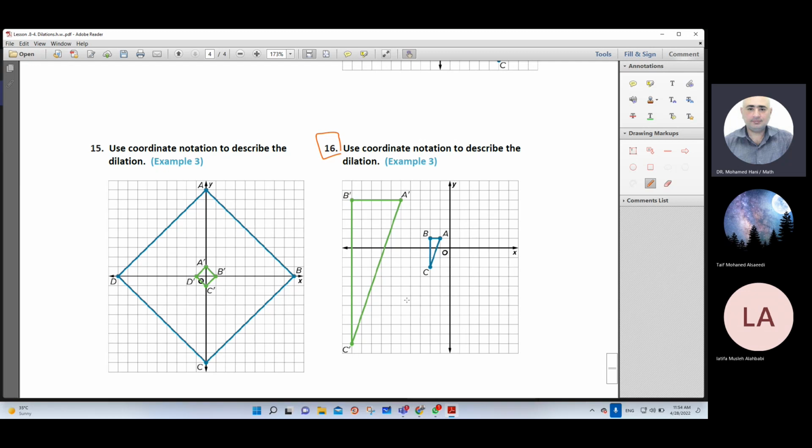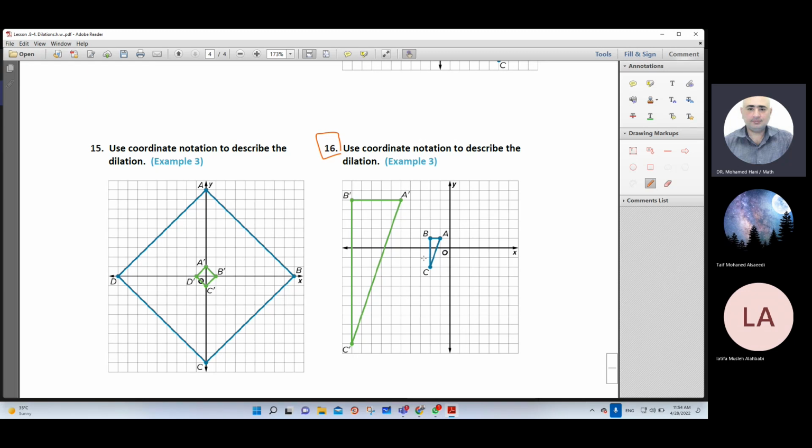Okay, who can answer me here? What is the scale factor here? How do we find the scale factor?